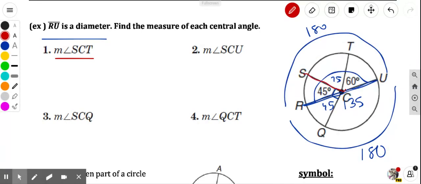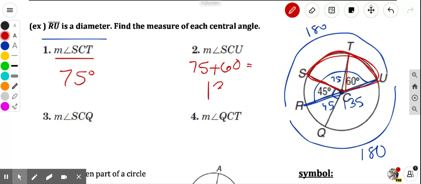So if we're looking for SCT here, SCT we already found is 75 degrees. Number 2, SCU. SCU is these two together, which is going to be 75 plus 60, which is 135. Number 3, let me erase some of this. Number 3 is SCQ.